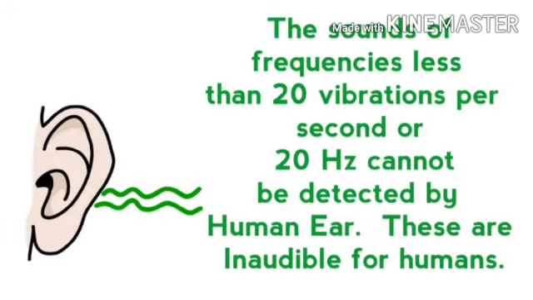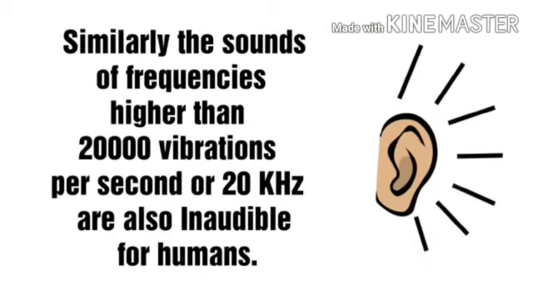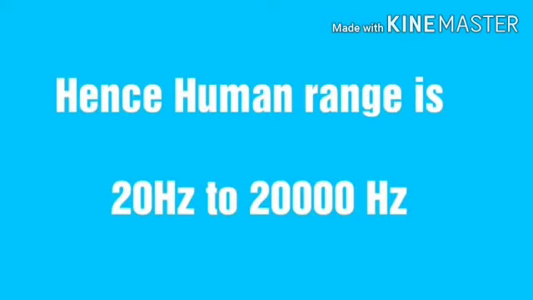Sound of frequency less than 20 vibrations per second, or 20 Hz, cannot be heard by the human ear. This is called inaudible sound. Similarly, sound of frequency higher than 20 kHz is also inaudible for humans. Hence, the human range is 20 Hz to 20,000 Hz only.